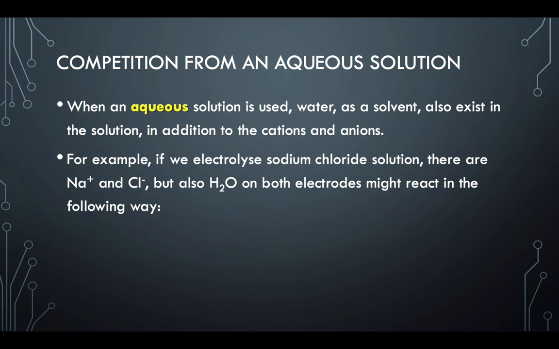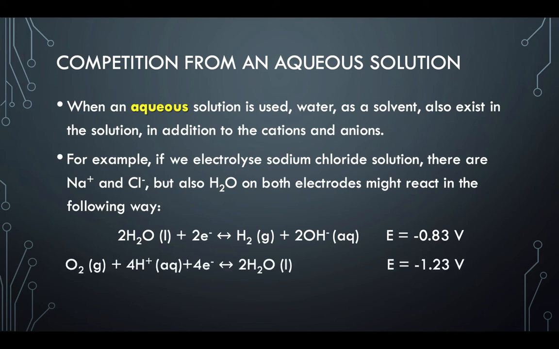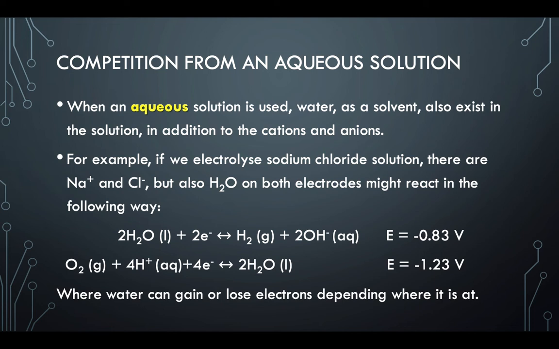It's like the pool. So on your electrochemical series, water can also be reduced to become hydrogen gas. Water can also be oxidized to become oxygen. Now, this is where water can gain or lose electrons depending on where it is.